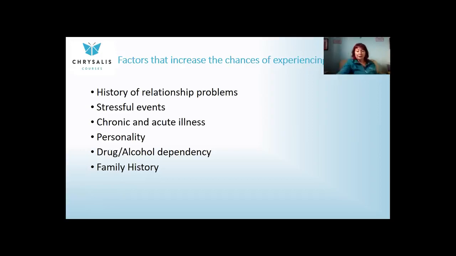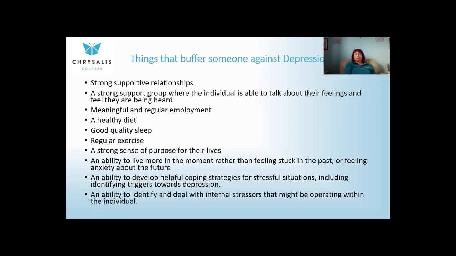So it's important to also look at things that buffer someone against depression. So these are all things that can help us to not develop depression. So strong supportive relationships. Having a strong support group where the person is able to talk about their feelings and feel heard.